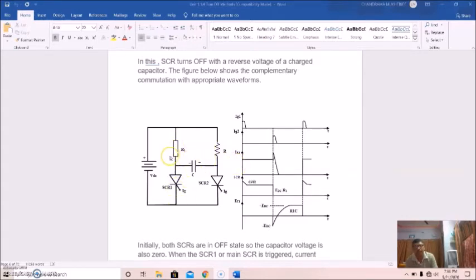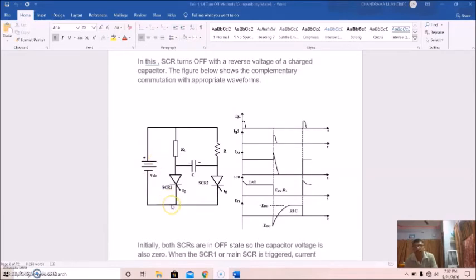Load current IL and capacitor charging current will flow through this path and another through this path. Okay, so at steady state condition, the capacitor is fully charged to the supply voltage with polarity as shown. This condition can be represented as thyristor 1 on, thyristor 2 off, and capacitor voltage equal to the supply voltage.